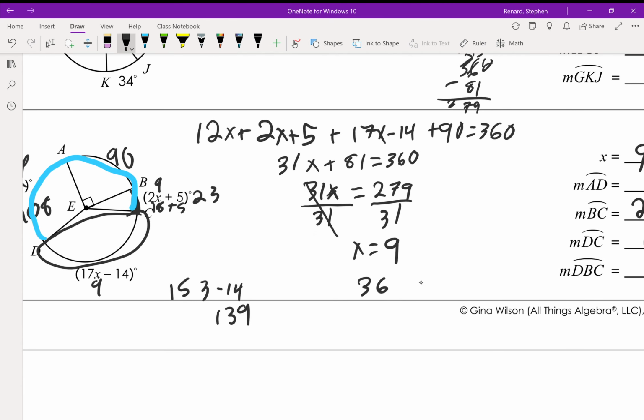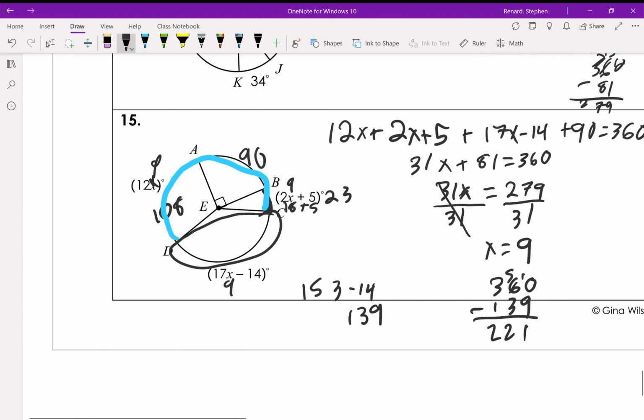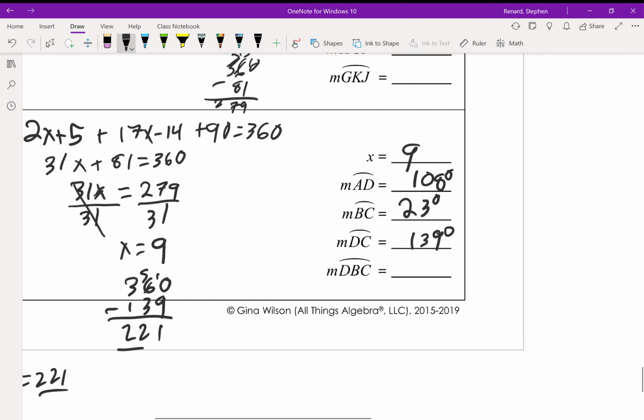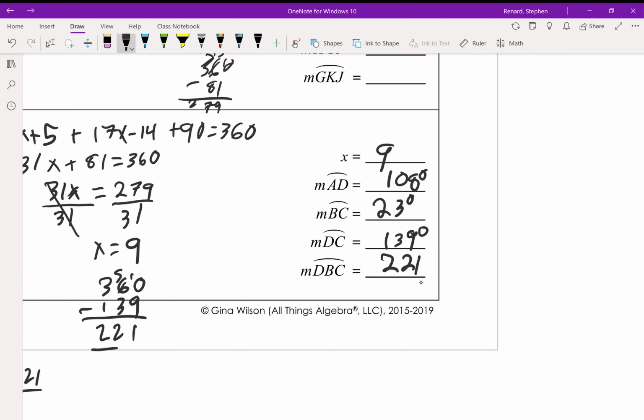So we're going to go 360 minus 139, or 221. Now notice we could also go 108 plus 90 plus 23. 198 plus 23 would give us 221 as well. So it doesn't matter which way we go, we're still going to get that this is 221 degrees.